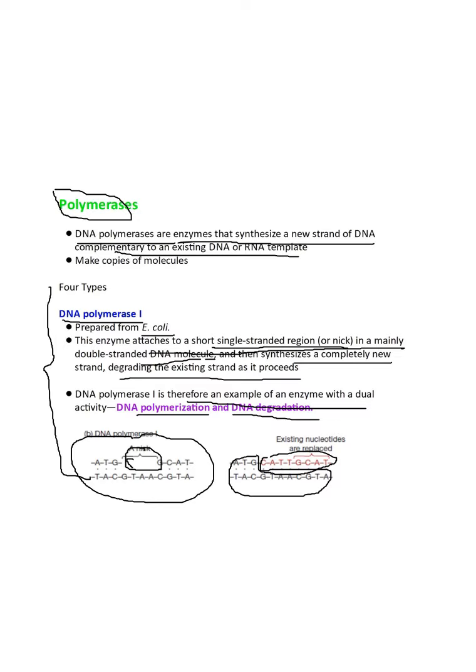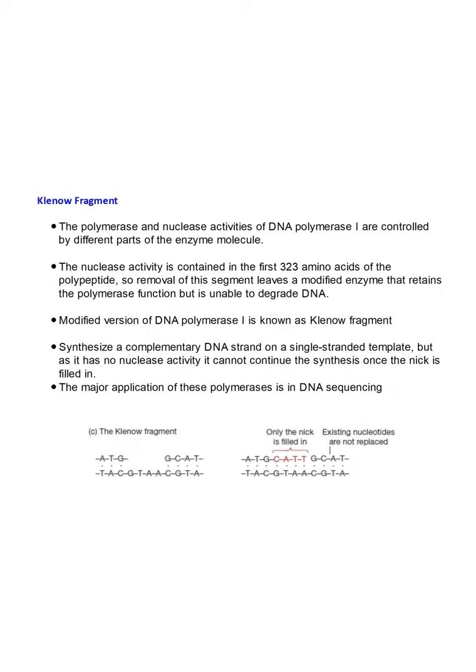Moving on, let's talk about the Klenow fragment, which is very important whenever we are discussing DNA polymerase 1. The polymerase and the nuclease activity of DNA polymerase 1 are controlled by different parts of the enzyme molecule. It has two features, polymerization and nuclease activity, which is the degradation.